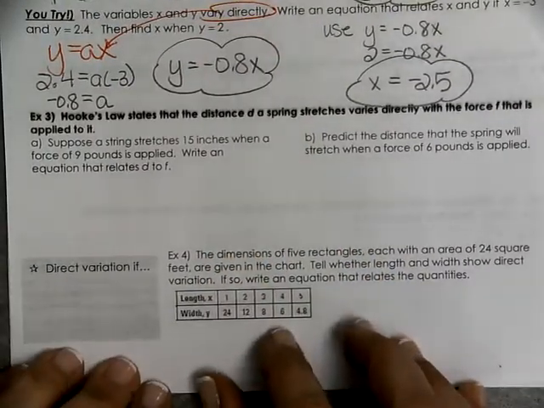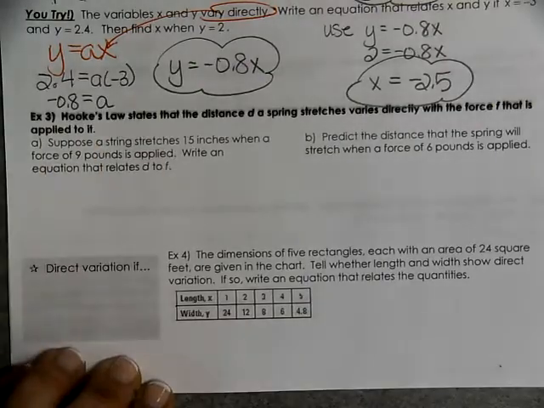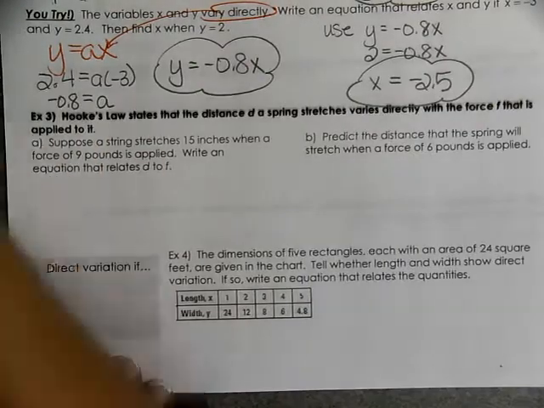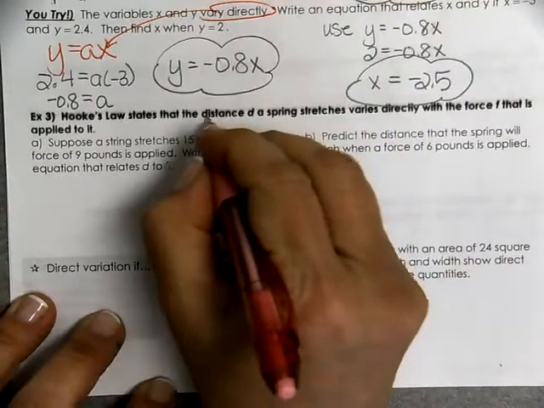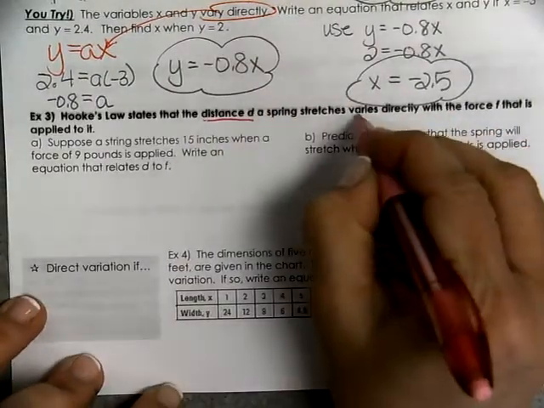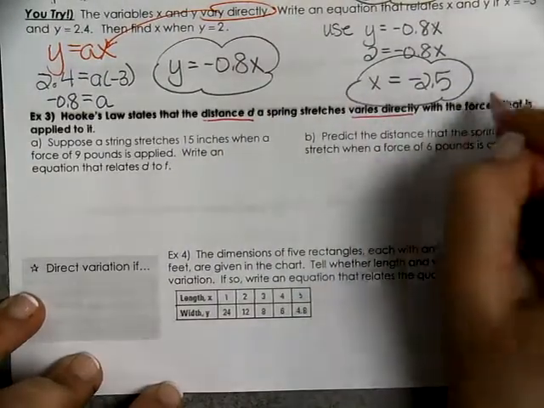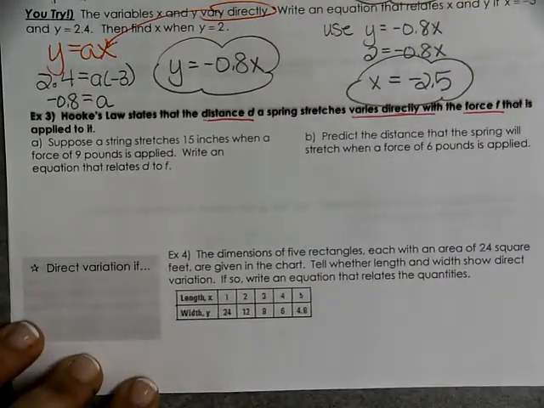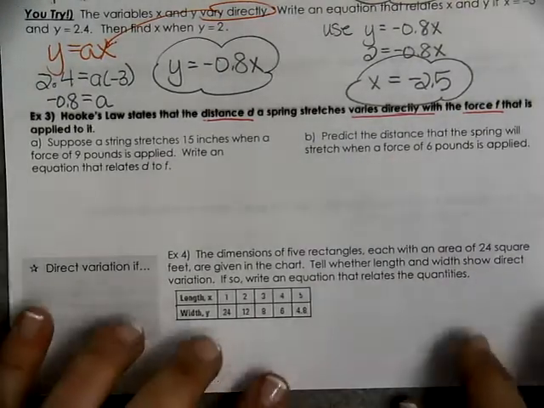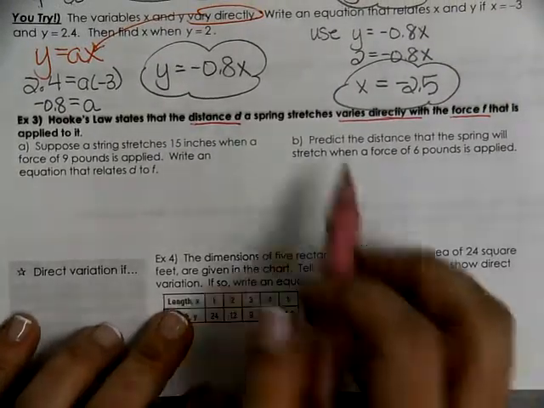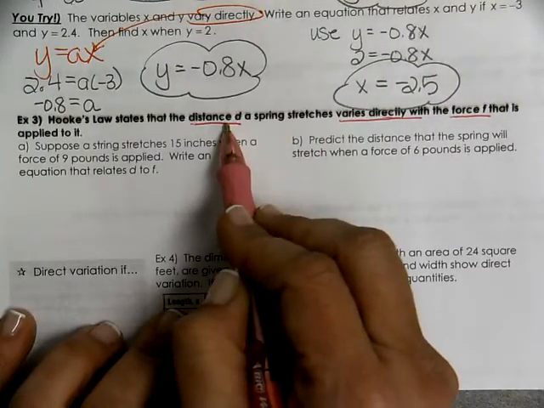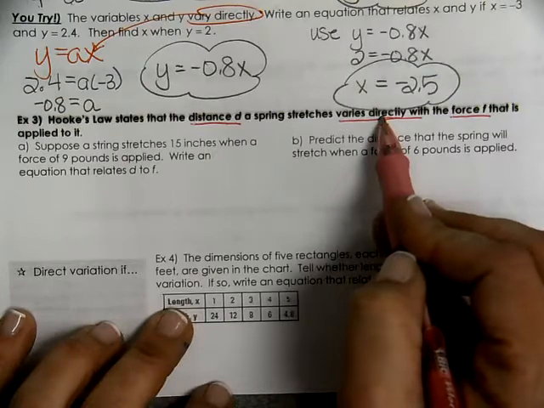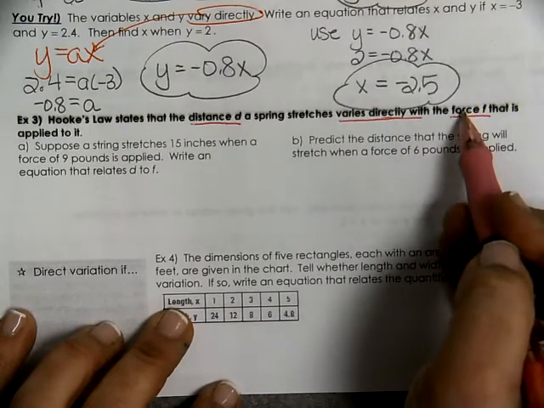In example 3, Hooke's law states that the distance d that a spring stretches varies directly with the force F that is applied to it. Let's not even go any further than that. The distance a spring stretches varies directly with the force.